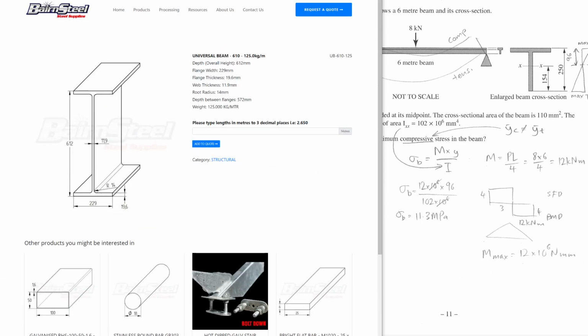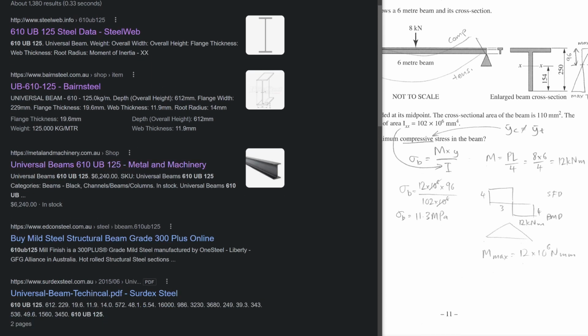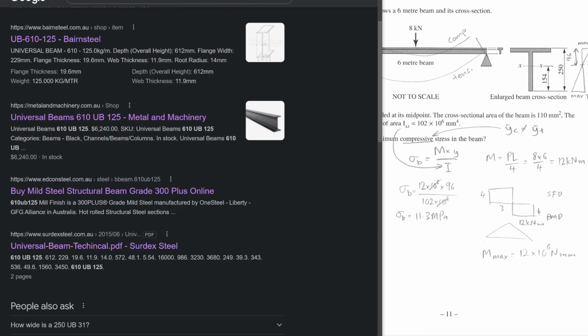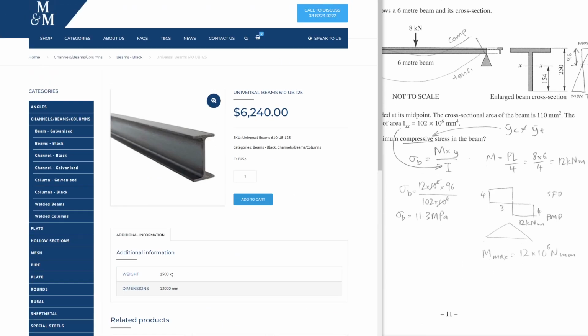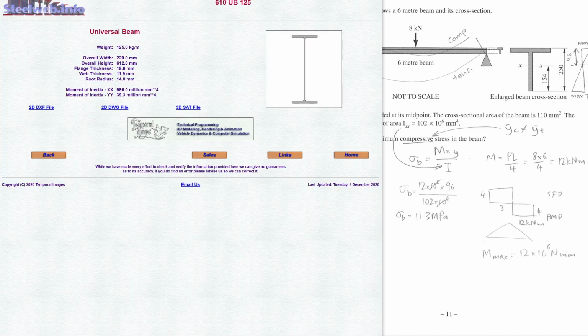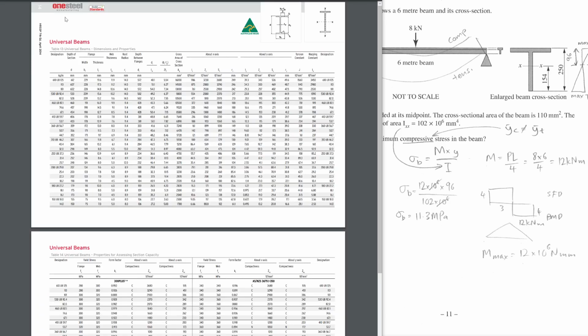No. I normally use this one, but okay. Jeez, $6,000 a meter. Okay, so this is the first hit when you click on it. I just wanted to see if there was an Australian site. Oh, here we go. One Steel. I have the One Steel book at school. It's the red book. I use this all the time.